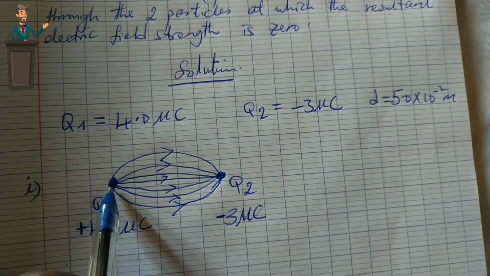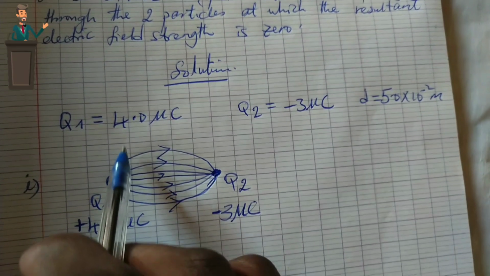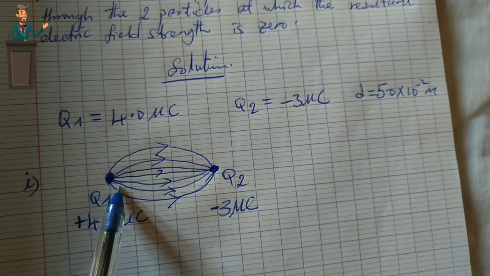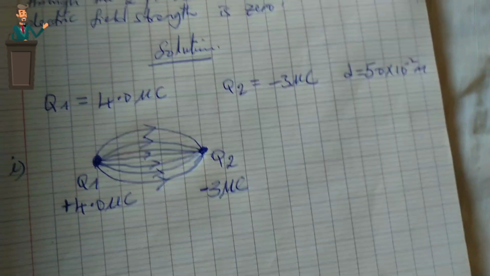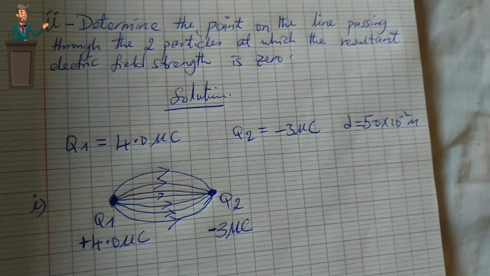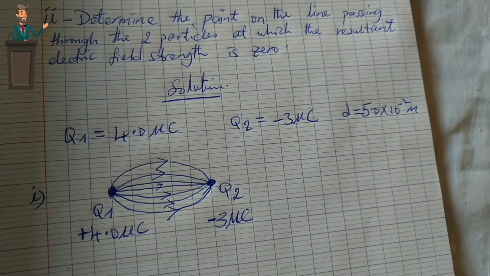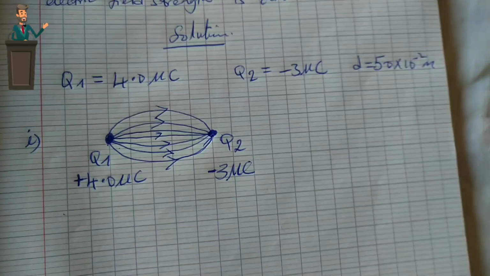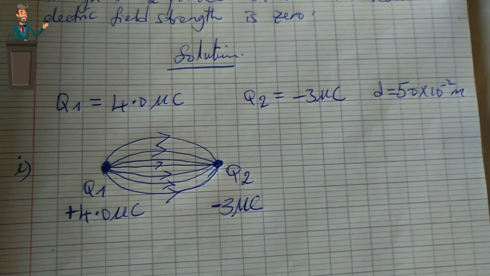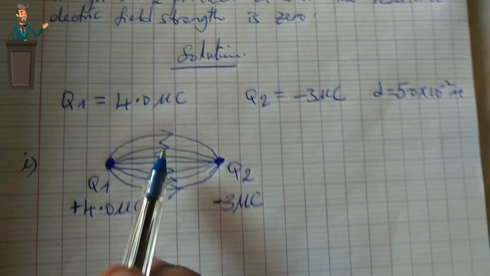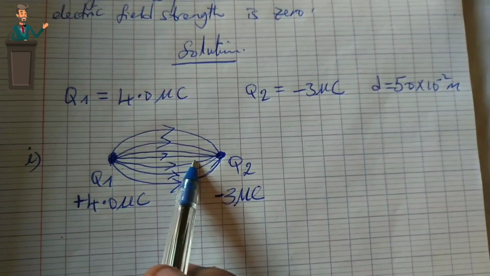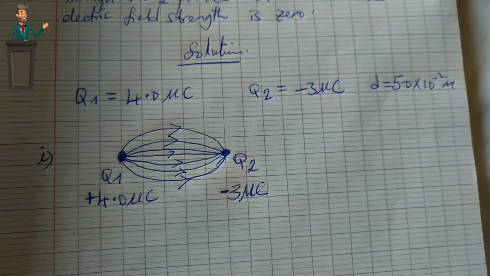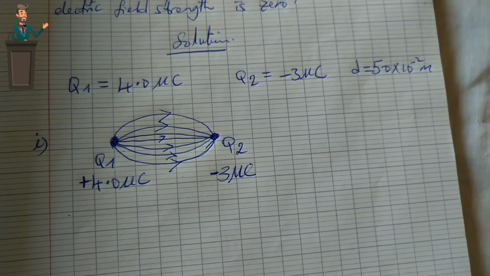And as we go closer to the Q1 charge, the field lines are still closer to each other. And the closer the lines are together, the greater the electric field density, and the greater the electric field strength. So the electric field strength is greater toward the charge. All right, that was not our aim. Our aim was to represent the field lines between Q1 and Q2. So this is how the field lines can be indicated.